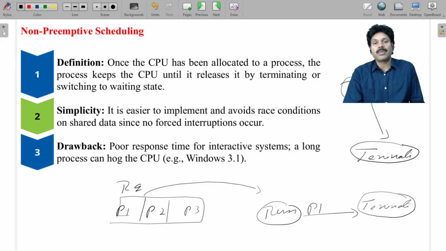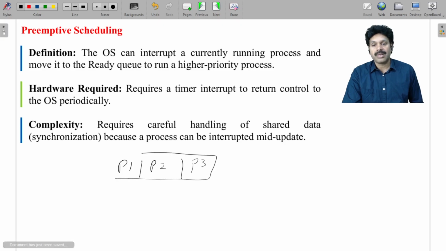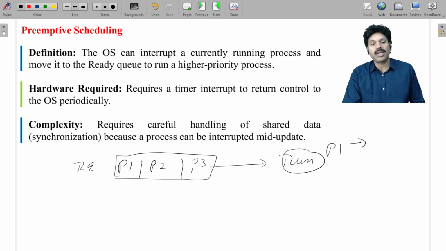But preemptive nature is nothing but forcefully making the process release all its resources, so that I can give them to another process. Take a scenario like this: there are different processes in a ready queue, and initially P1 is dispatched to the run state. Unfortunately, P1 has a lower priority.